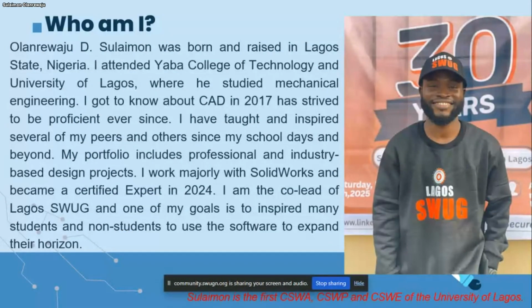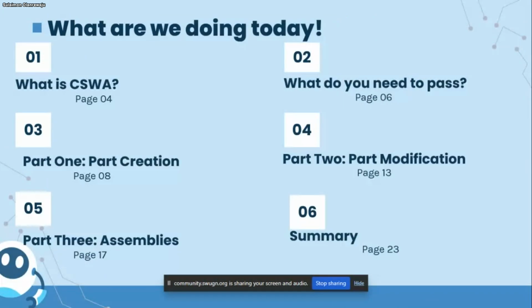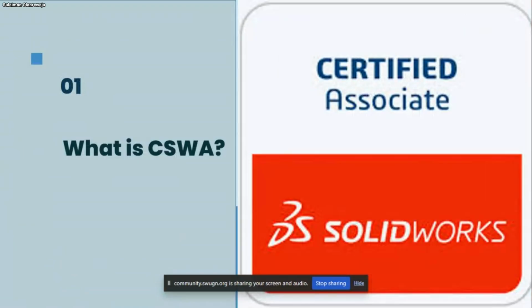We are dealing with part 5 today, that is on page 17, assemblies. We've dealt with part 1, part creation, part 2, part modification, and part 3. So let me just do a brief summary.